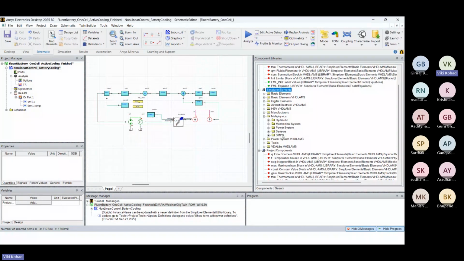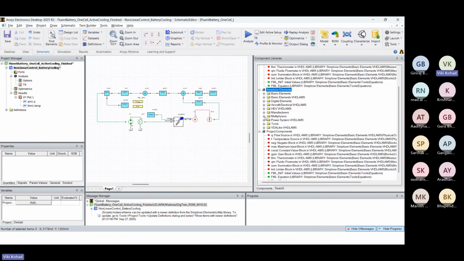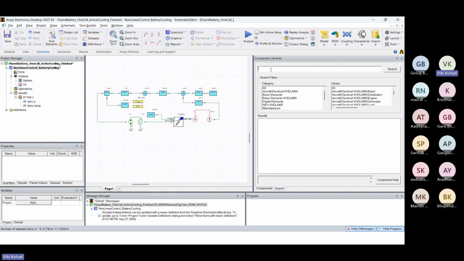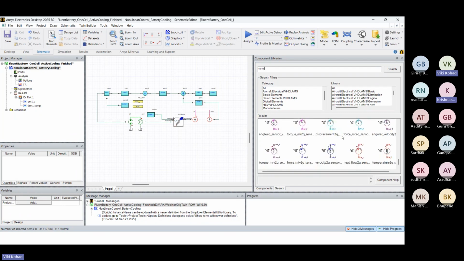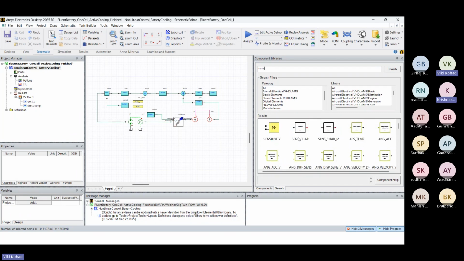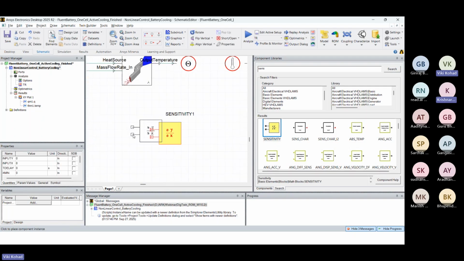It is not only a few elements; electrical and electronic components are here, mechanical, hydraulic, whatever component you have. If you find it hard to find the components, you can go here and type the name. For example, for sensor, the different elements come up. You can pick the elements here, drag and drop like this, and connect the circuit.